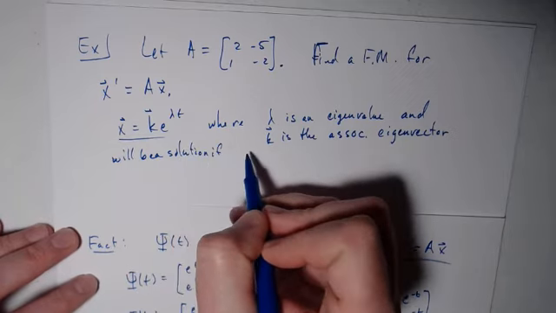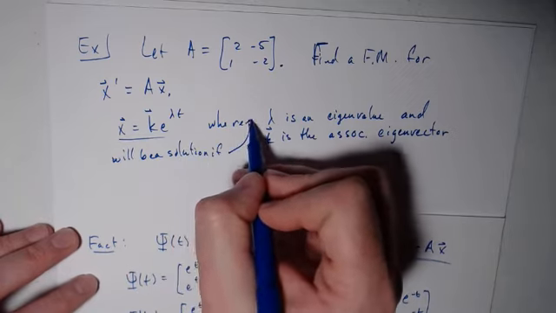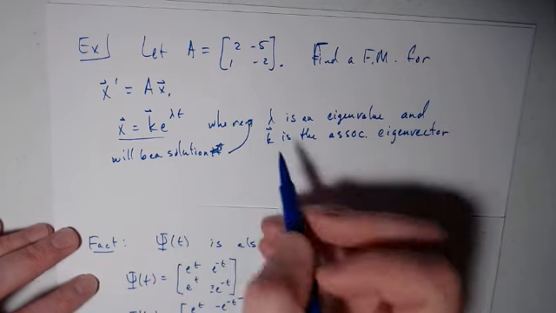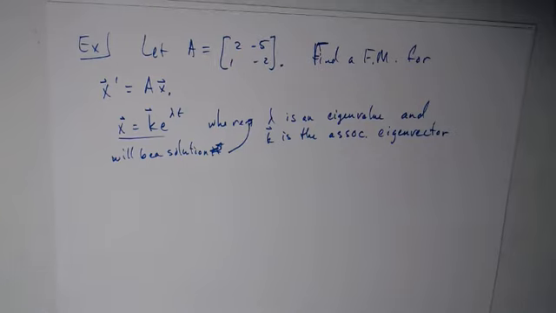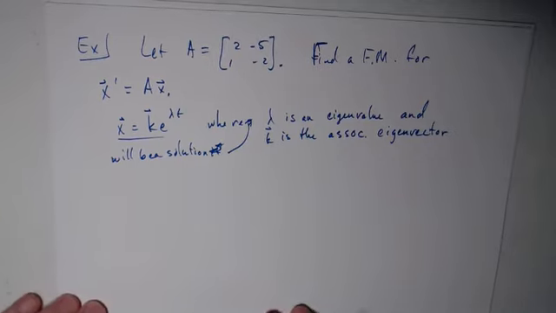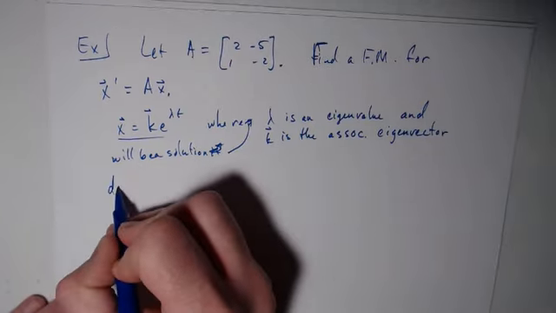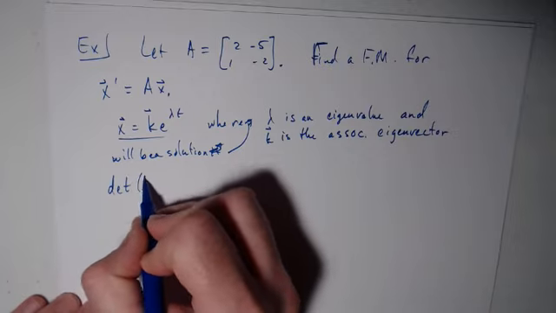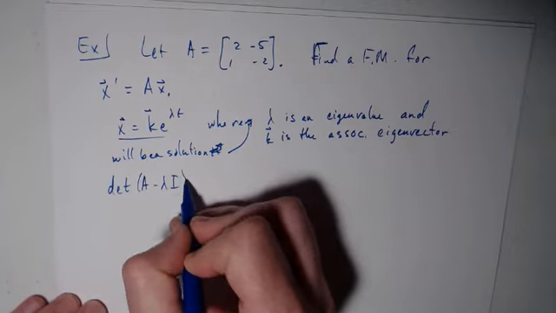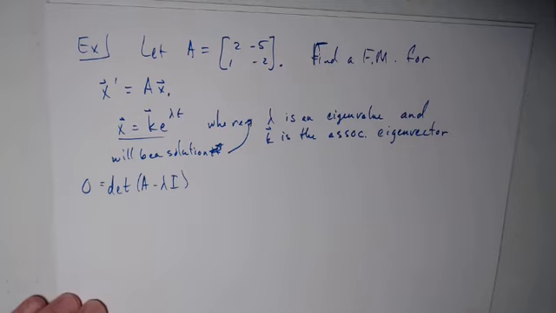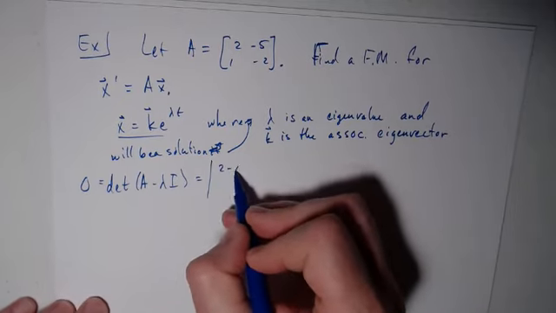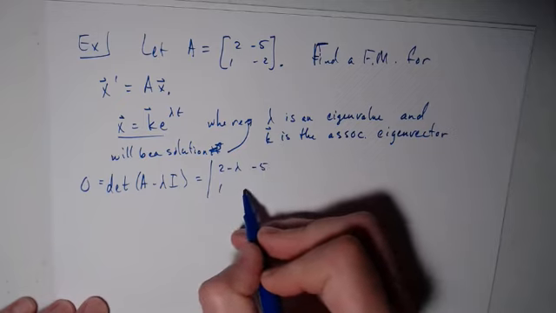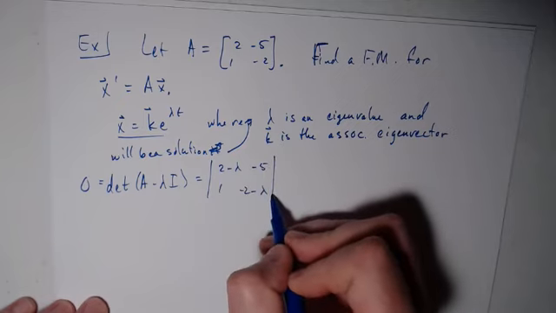You get the idea. So that's our goal. So we need to go ahead and find our eigenvalues. So we take the determinant of A minus lambda I, and we're going to set that equal to 0. In this case, that's going to be 2 minus lambda, negative 5, 1, negative 2 minus lambda.